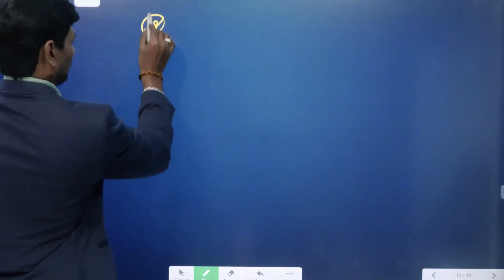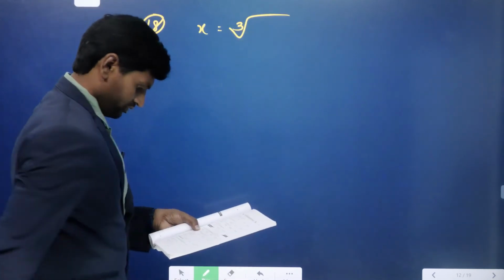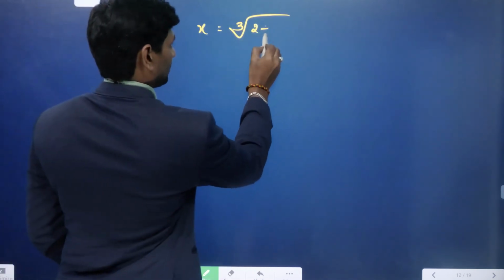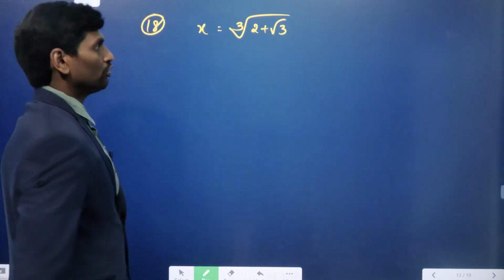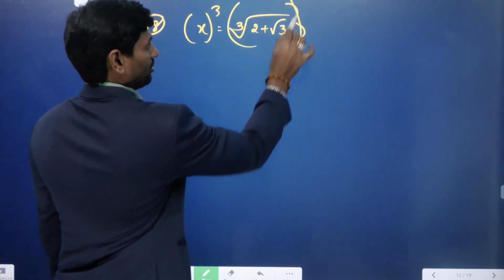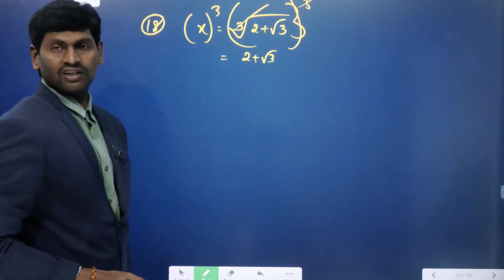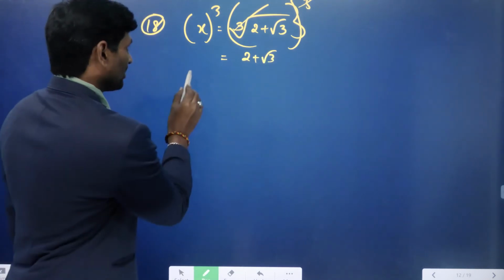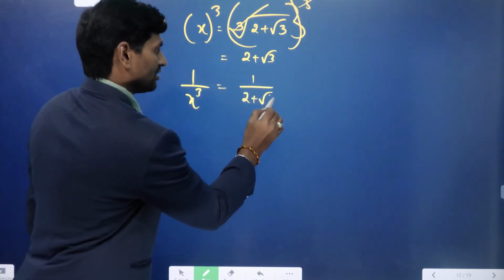The x value is cube root of 2 plus root 3. We need to find the value of x cube plus 1 by x cube. Cubing on both sides, the cube root cancels, and the answer will be 2 plus root 3. x cube value is 2 plus root 3, so 1 by x cube, how much?